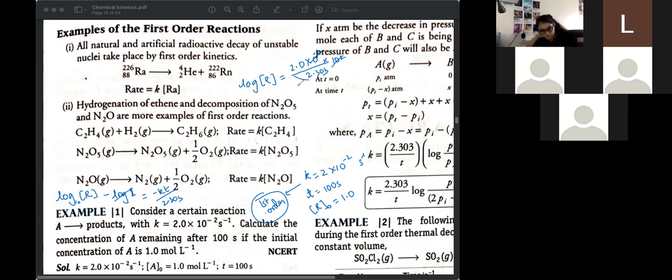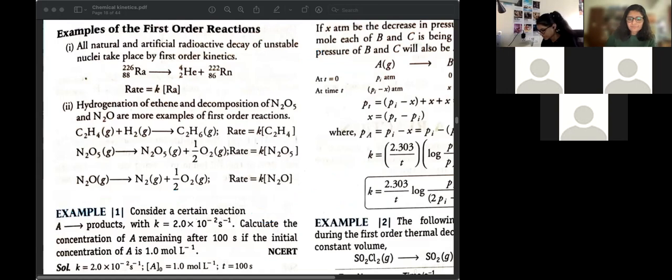Okay, just to check the values, log R ka value, how much did you get? Mitali, Dhriti, Shantanu. Anyway, what is the value you got for log R before finding the anti-log?